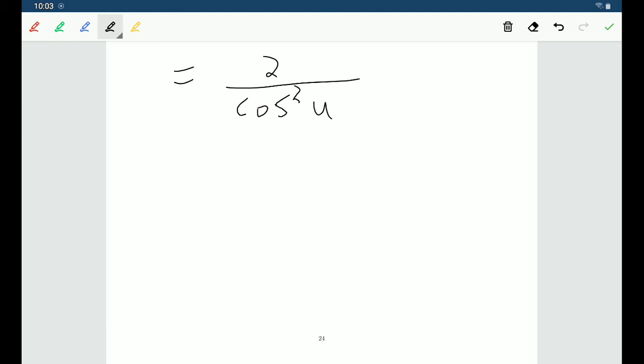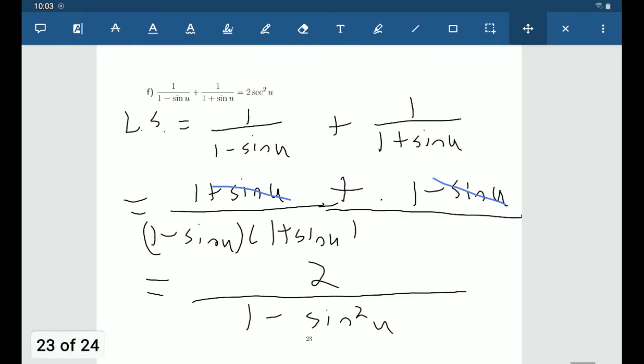And of course, the reciprocal of cosine is secant. So instead of 2 over cosine squared, it would be 2 times secant squared, which is exactly what we wanted to show.